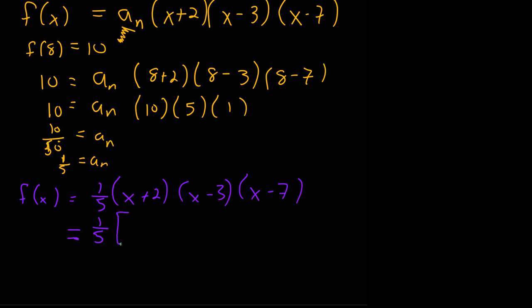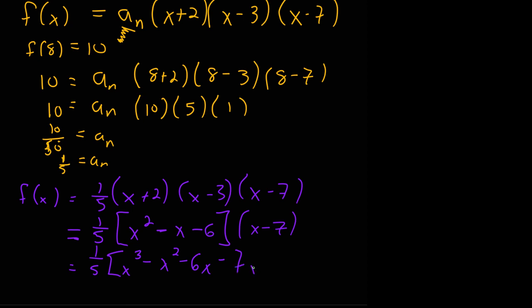So what do we have here? We have x squared minus 3x plus 2x, so minus x minus 6, times x minus 7, and then we'll multiply this through. So we get 1/5 times x cubed minus x squared minus 6x minus 7x squared plus 7x plus 42. My x cubed, negative x squared, negative 6x, negative 7x squared, positive 7x, positive 42.